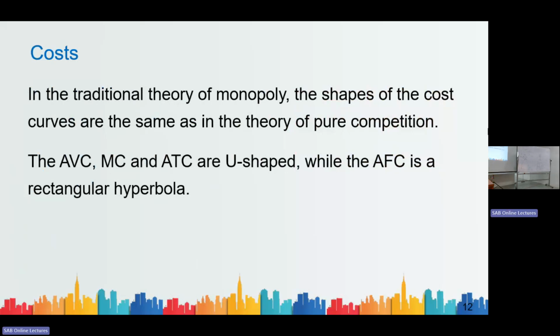So the same shapes of cost curves will apply in monopoly as well. The shapes and the behaviors of costs will be the same as in the perfect competition and also as we discussed in the cost theory. So AVC, MC, ATC, they will take U-shaped curves.